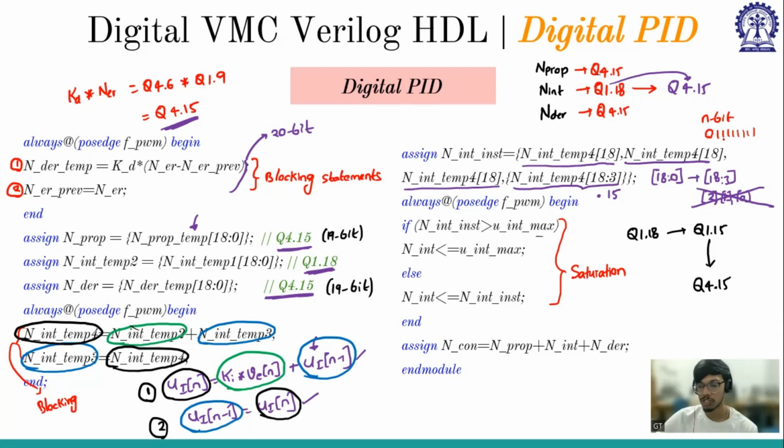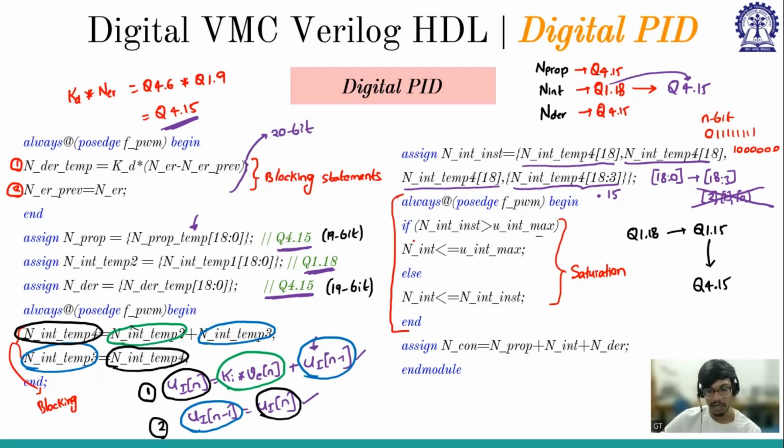Now it is a positive number. If I add 1, it becomes 1, 0, 0, 0, 0, which is a negative number. So the integral is converting from the most positive number to the most negative number, which we do not want. Or say for protection purpose also, we put a saturation limit so that the integral will not cross beyond some value. So for that purpose, SAR is using this block, which is the saturation.